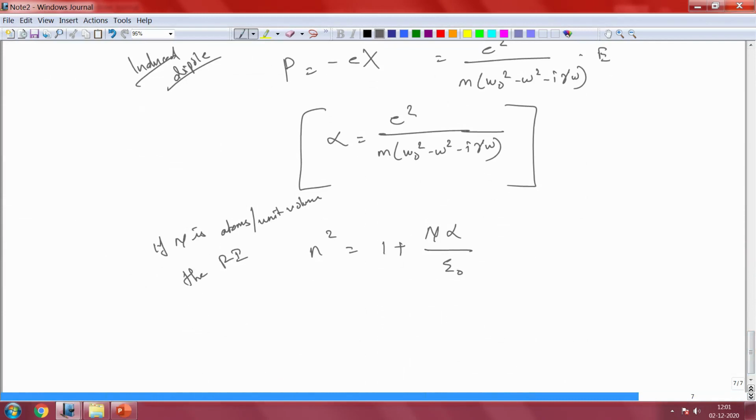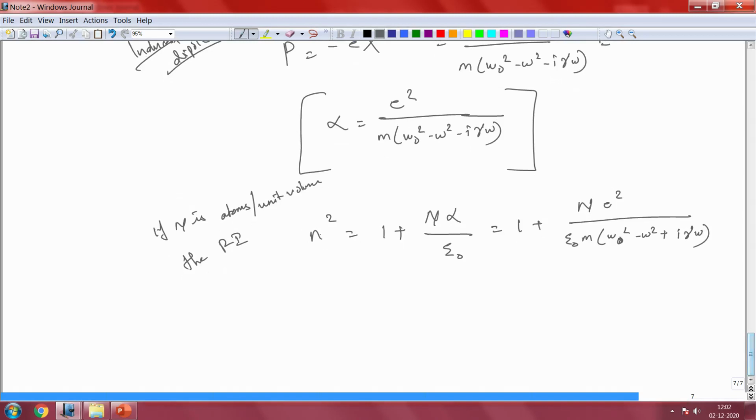So let's just substitute this. That means n e squared divided by epsilon naught m times omega naught squared minus omega squared plus i gamma omega. Okay, so this is what you get when you represent this n squared as a function of this. Let us look at the denominator term a little more carefully.